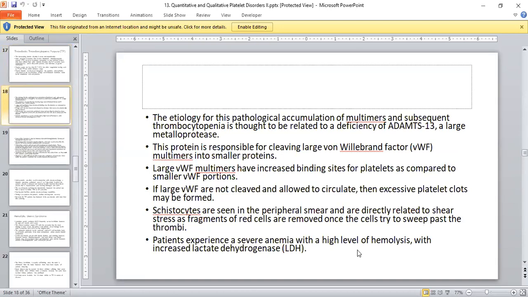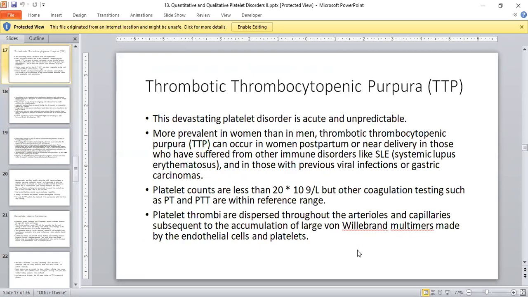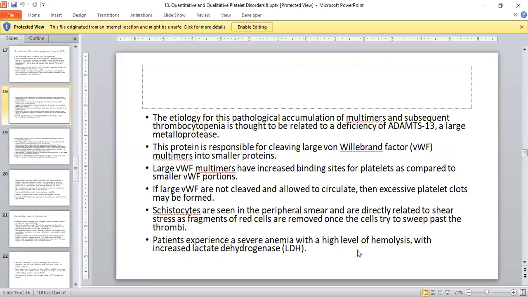The reason for this accumulation of the multimers of von Willebrand factor is a deficiency of ADAMTS13, which is a large metalloprotease.